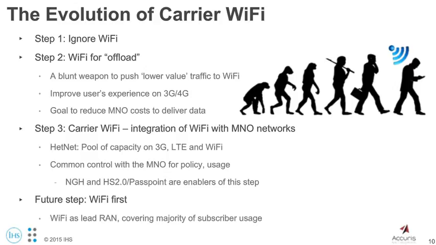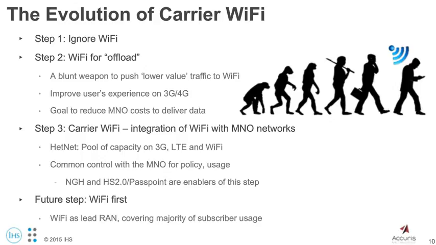But then, as we have evolved our thinking about what we're trying to accomplish with our network, the idea that this is data to be shoveled off has transformed. There's value in the data, and there's value in the information and how people are using their phones and what they're doing with it. What we've seen over the last 2 or 3 years is a real push around carrier Wi-Fi. How do we better integrate Wi-Fi with traditional mobile networks?